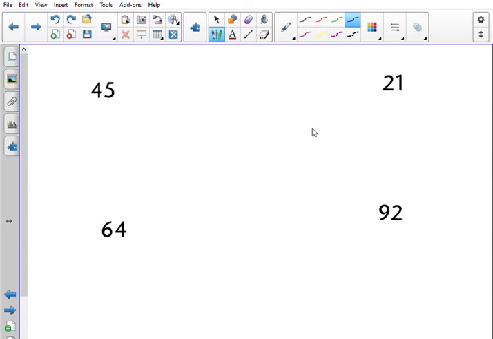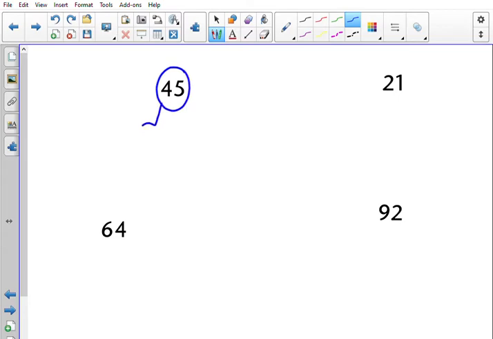Having a look at these 2-digit numbers here on the next page of our slides, if we're really good at knowing our tens and ones very quickly, then we can start to use part-whole models to help us do that. So, for example, I've got 45 here. I'm just going to draw a circle around it.